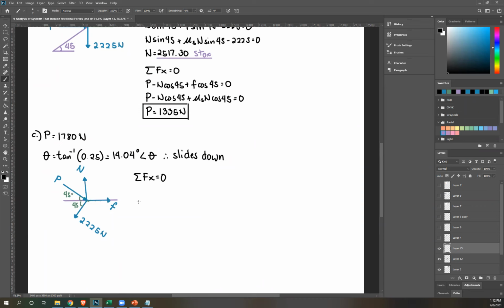Let's take P to the right, so positive P cosine 45. We also have this to the left, so negative 2225 cosine 45 plus F equals 0. As you can see, the equation is much shorter. And then P is 1780.